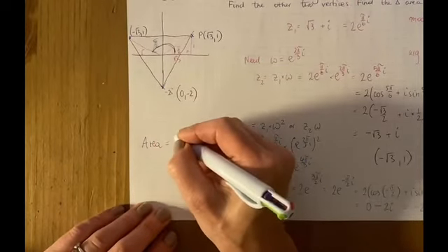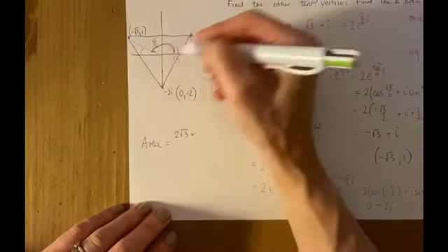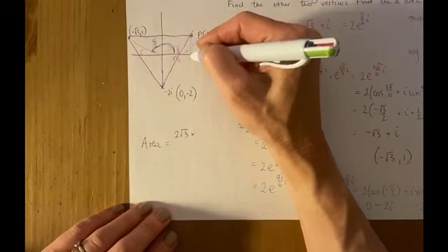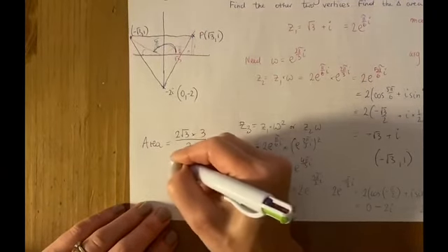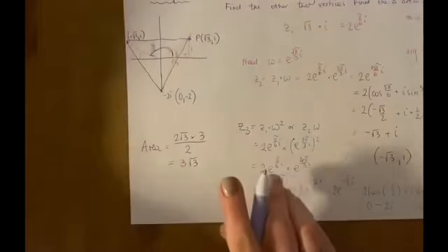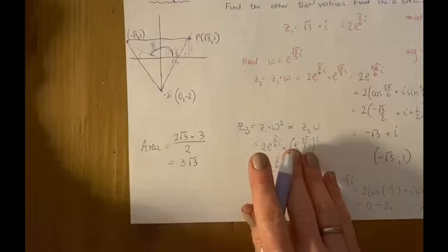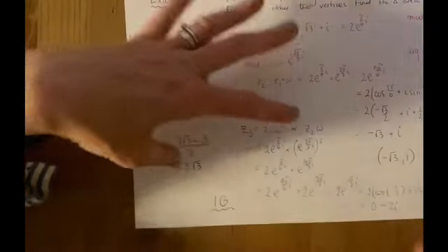So that's going to be 2 lots of root 3 multiplied by height. So it goes 1 and then 2 more. So it's 3, over 2. So it's 3 root 3. So this takes us to 1G. Splendid.